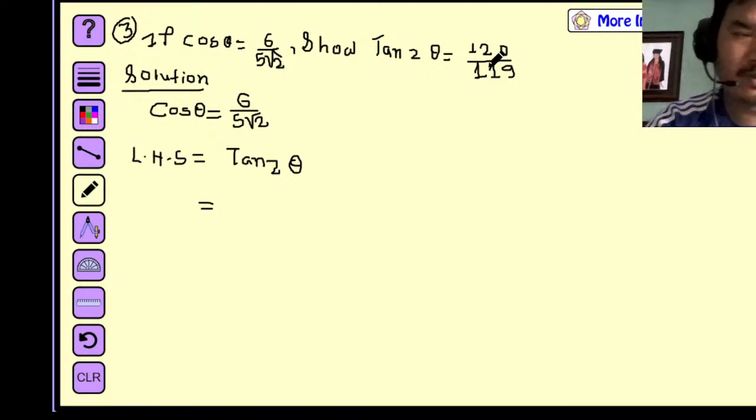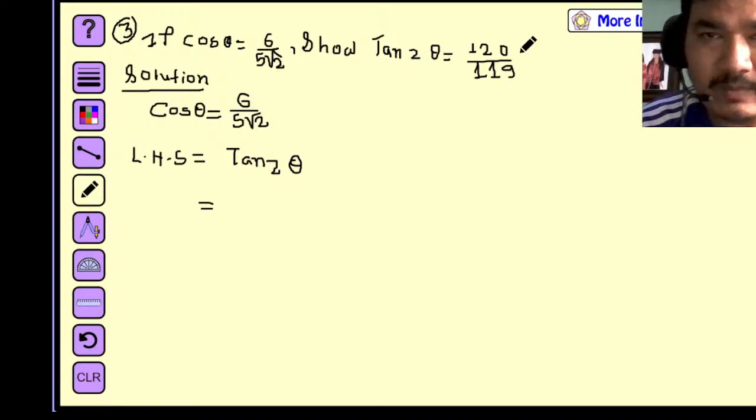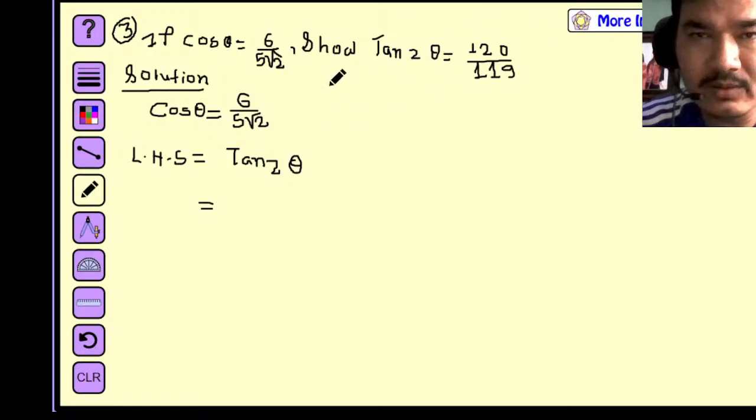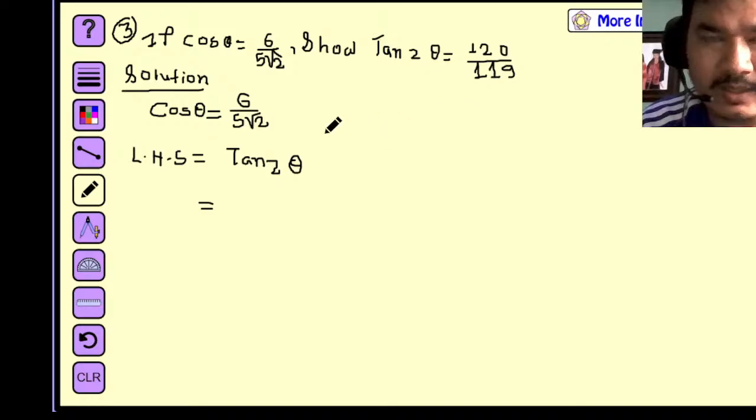Okay, children, then what to do in such a condition? Look here, the tan 2 theta value we have to prove is 120 by 119. Cos theta is given, right?